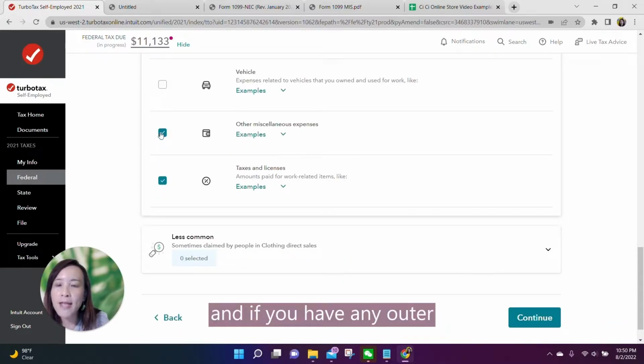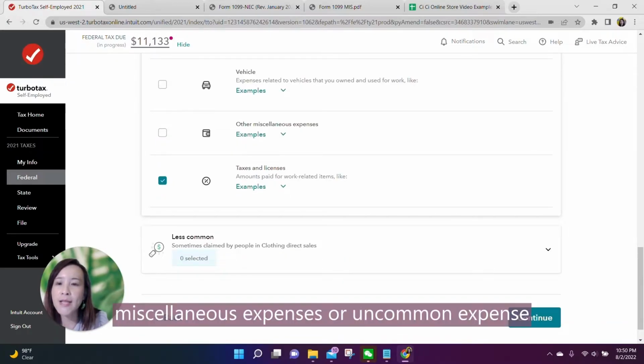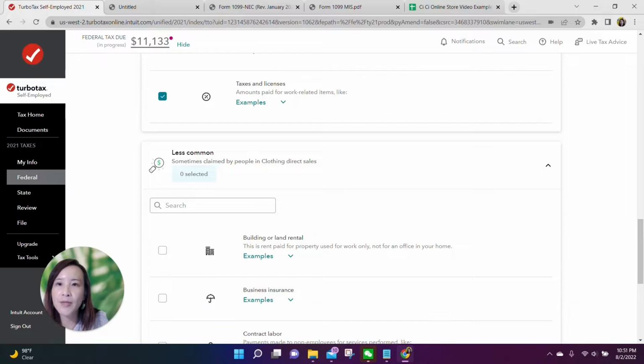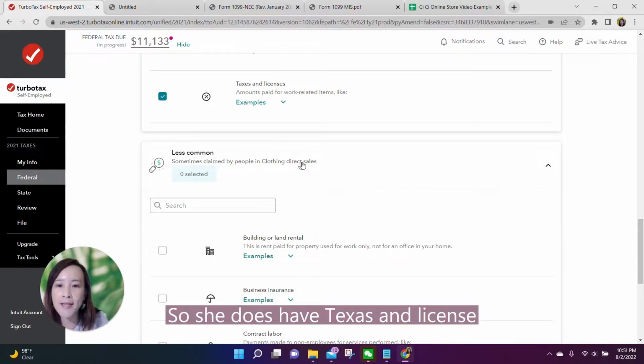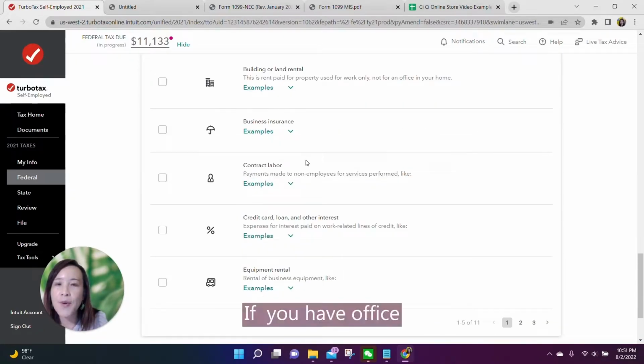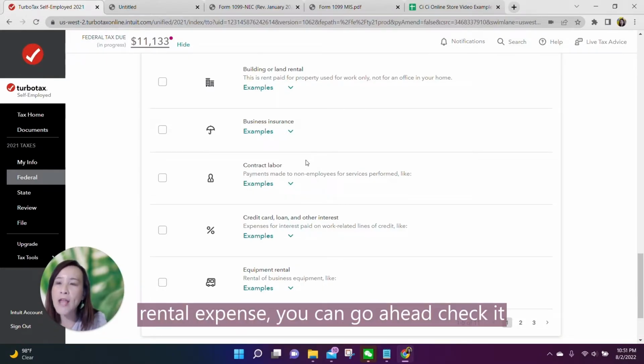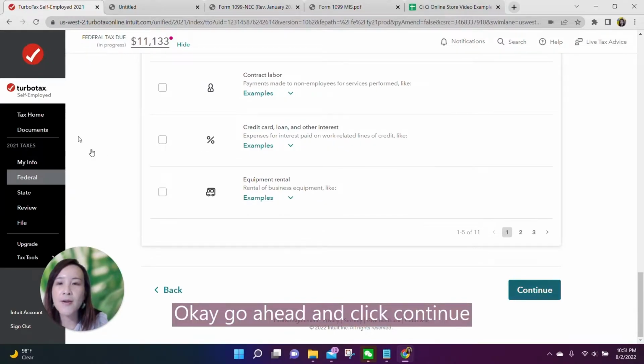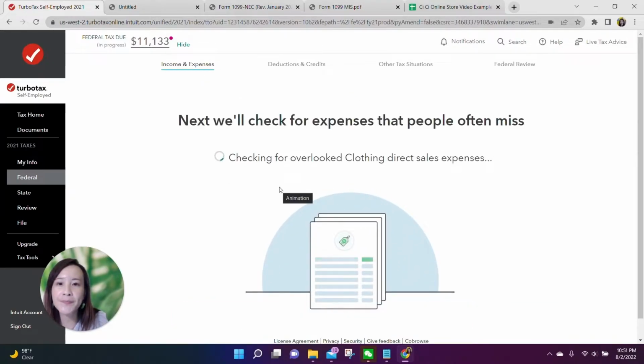And then if you have any other miscellaneous expenses or uncommon expense, you can add that. So she does have taxes and license. If you have office rental expense, you can check it. Okay, go ahead and click continue.